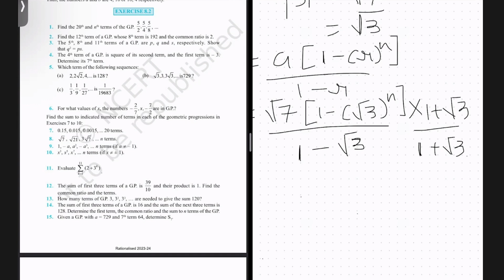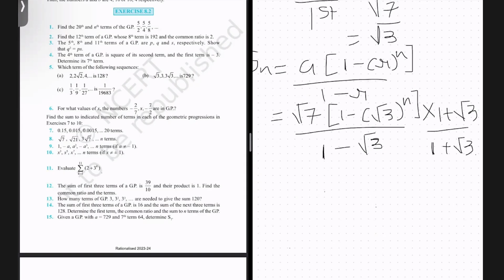Now in the numerator, root 7 stays root 7, multiplied by 1 plus root 3, and here you have 1 minus root 3 raised to the power n.